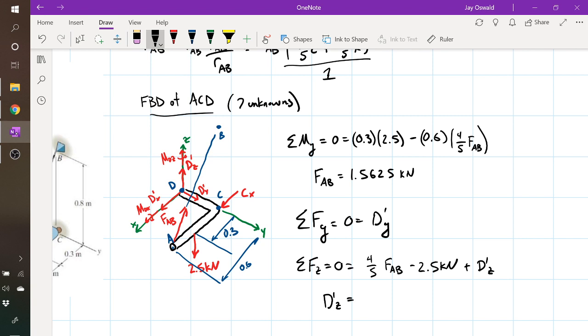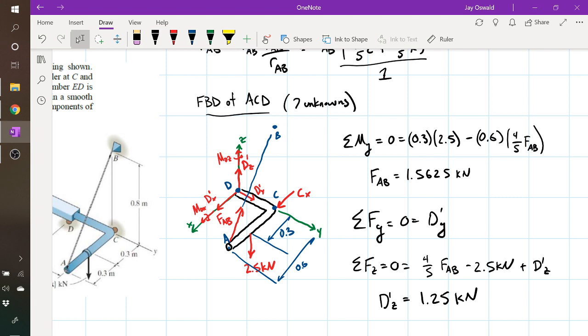It's positive, I think. Yeah, it's definitely going to be positive. I got 4.53. I don't think that's right. So I kind of remember this. So 1.5625 times 4/5, I believe, is 1.25. Oh, wait, right? So that's 1.25 plus 1.25 minus 2.5 is 0. So I think dz is also 1.25 kilonewtons. Yeah. Okay, cool. All right.